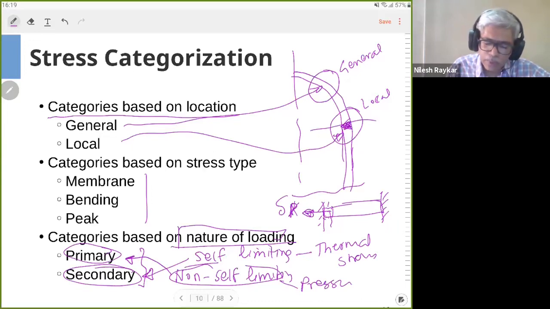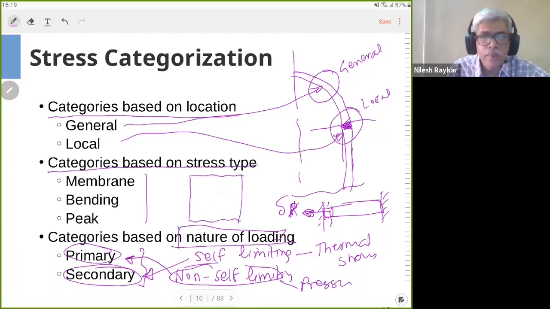Now, the categorization based on stress type is essentially considering the variation of stress. If this is some wall of a pressure vessel, how the stresses vary from point A to point B on this cross section is the nature of that variation.